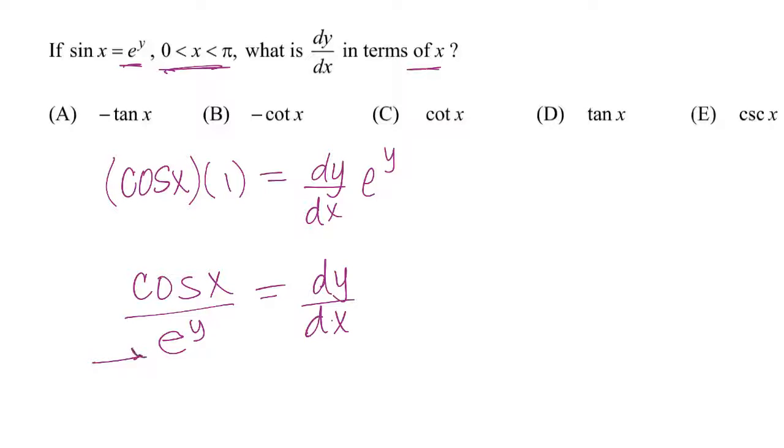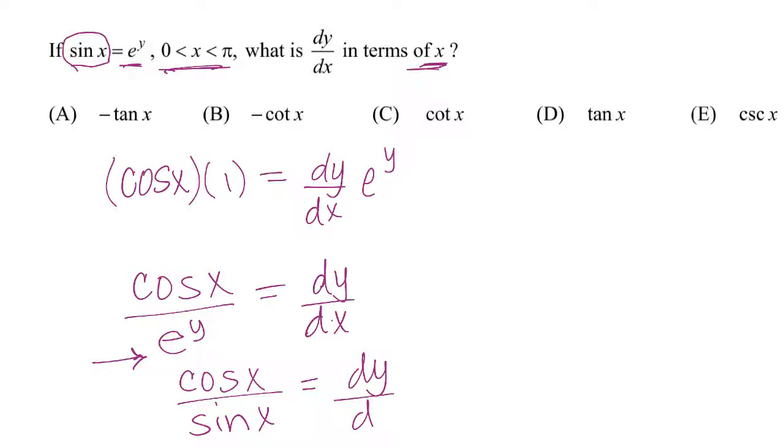We can't leave e to the y because we need it in terms of x. So we know e to the y is sine of x. So we know cosine x over sine x is equal to dy dx, and we know that cosine over sine is cotangent. So we have answer choice C.